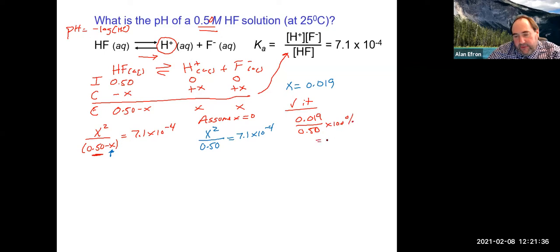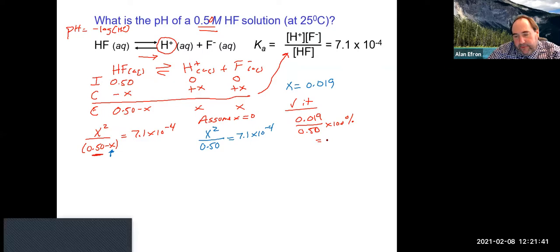And I hope it's good. Looks like it is. We got something like 3.7%, and that means that the check is good here in this particular case. That means that that would be our x value.